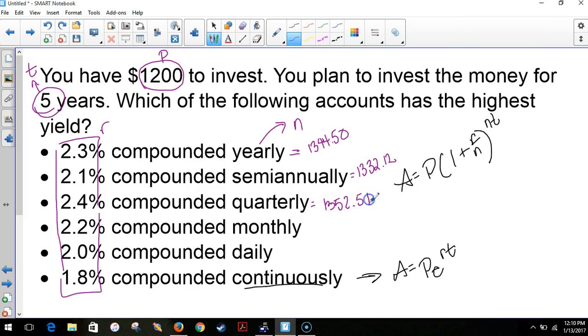1352.51. Notice that the numbers, although they clearly vary, there probably will not be a huge difference between them. In order to generate a large difference in the amount of interest that you accrue, you have to have either a much different principal, so one's really small, one's really big, a very different interest rate, so 1% compared to maybe 5%, or it has to be for a much longer period of time, so not 5 years, maybe one's 5 years and one's 50 years.